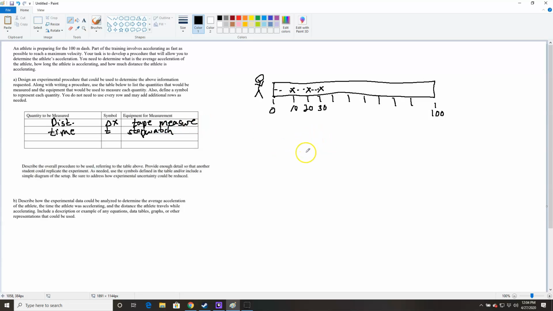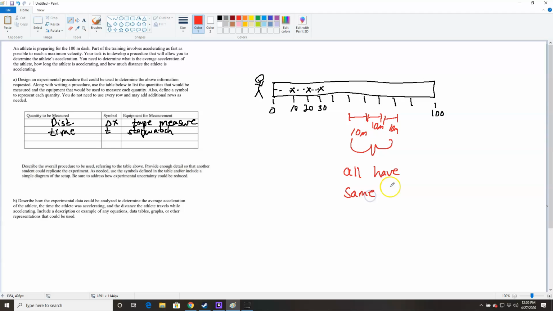So the idea is I need to figure out at what point the athlete, spanning 10 meters and then another 10 meters and then another 10 meters, at what point do these all have the same time?